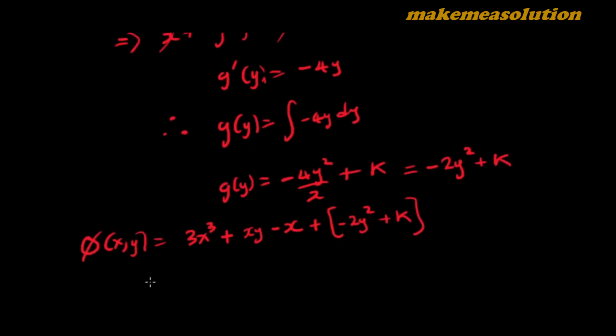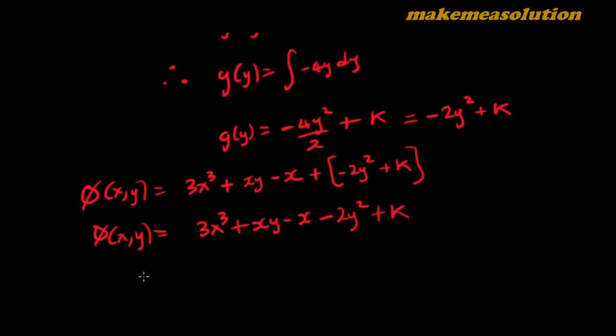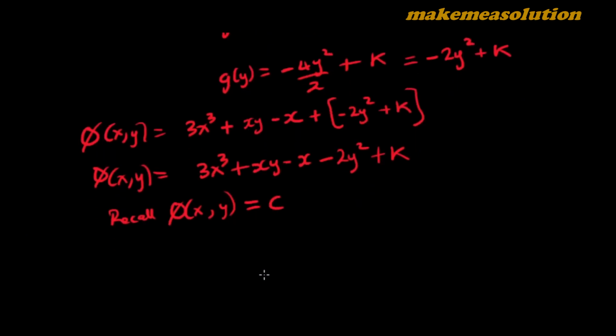Okay, so g of x comma y is equal to 3x cubed plus xy minus x, then minus 2y squared plus k. So this is what we have as our g of x comma y. So recall that this is what we have for our phi of x comma y. Phi of x comma y is the constant function, so it's equal to an arbitrary constant c.